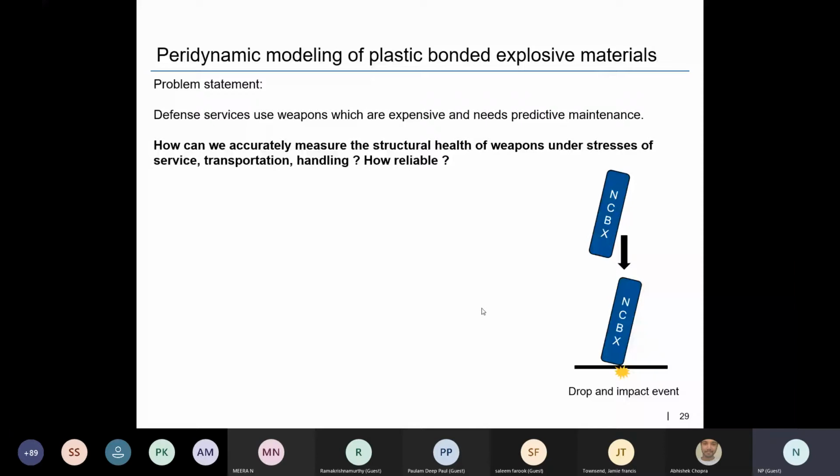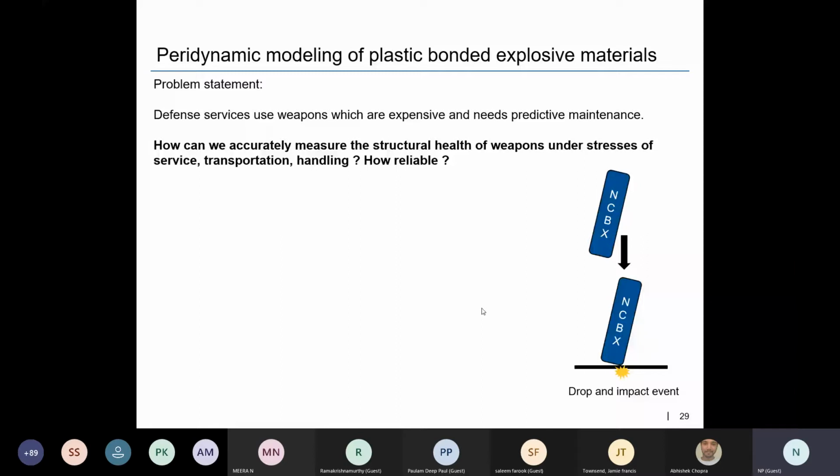These weapons are expensive and they need predictive maintenance, they need scheduled maintenance, which again can be expensive, and they're very critical applications, right? If you don't take care of these materials, any kind of error can lead to loss of infrastructure, and could also lead to loss of human life, right? So this is a very critical application.